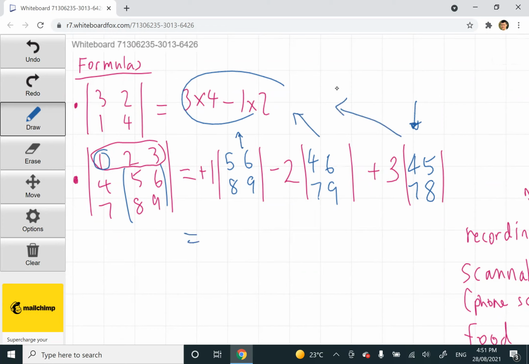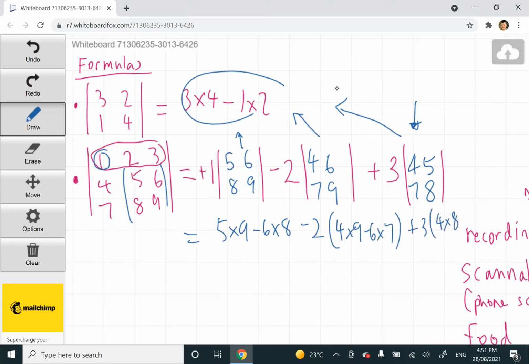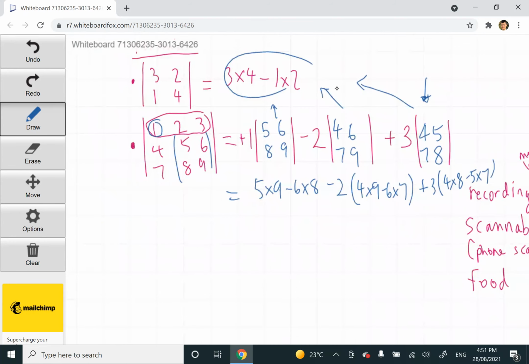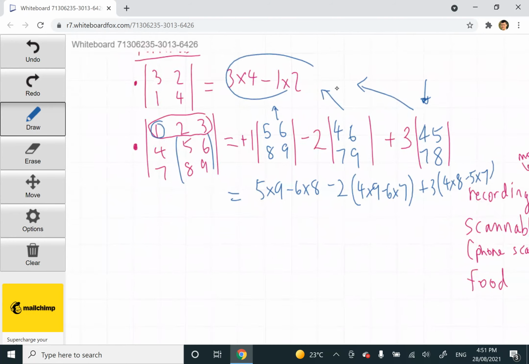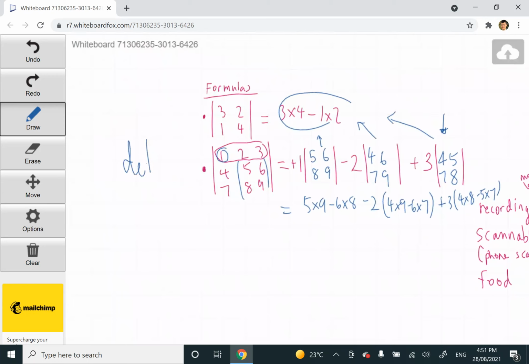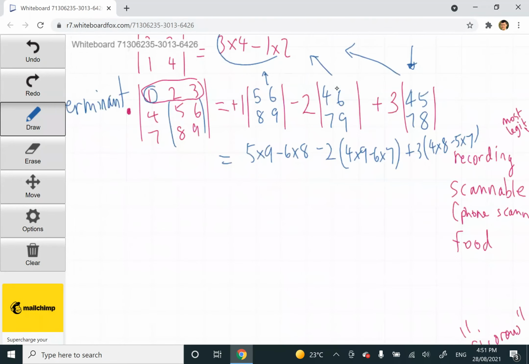So here it's 5 times 9 minus 6 times 8, minus 2 times (4 times 9 minus 6 times 7), plus 3 times (4 times 8 minus 5 times 7). Okay. So that is called the determinant. And it usually comes up when you learn matrices and linear algebra, okay? But we only need just the formula.